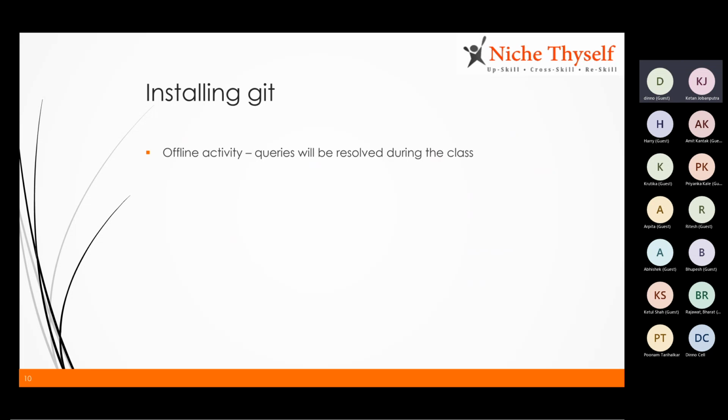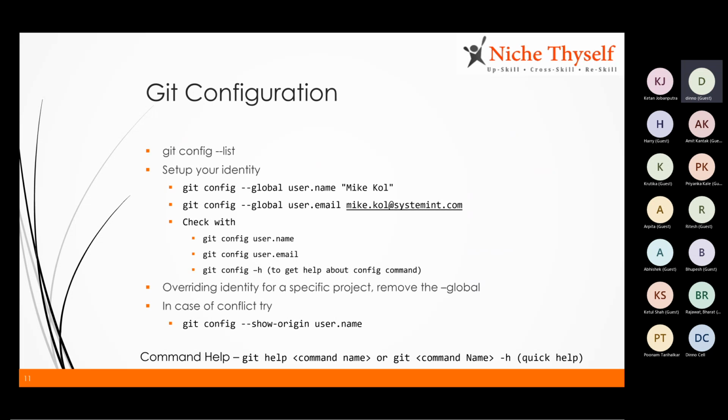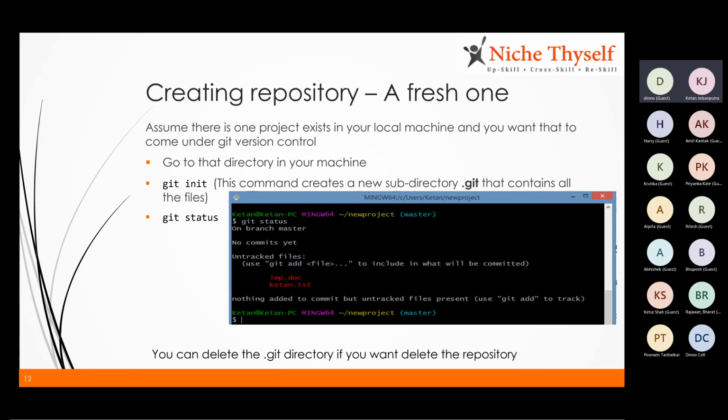We did all this offline activity and we set the username and email ID, which is required and stored along with the commit. We did git init to create a repository. Git status is to check the current status of the repository.